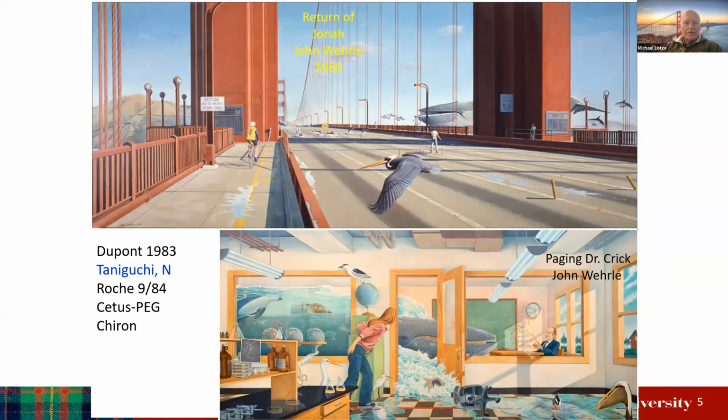Chiron acquired Cetus back in the middle 90s. Next click. Novartis acquired Chiron, as is often happens with big pharma, and then out-licensed it, next click, to Prometheus. And then worldwide rights have recently been acquired after Nestle acquired Prometheus by a company called Clinigen. Next slide.